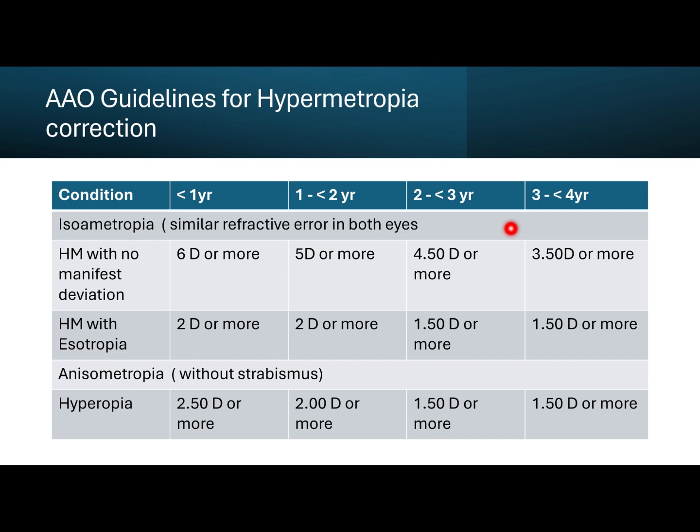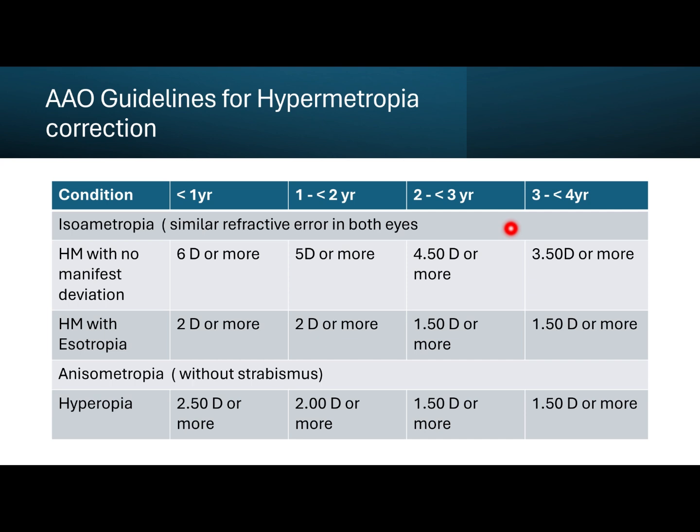So when there is hypermetropia in both the eyes with no manifest deviation, the child is less than 1 year of age, then unless the power required is more than 6 diopters, we need not correct. Likewise, from 1 to 2 years, 5 diopters or more, 2 to 3 years, 4.5 diopters or more, and 3 to 4 years, 3.5 diopters or more.